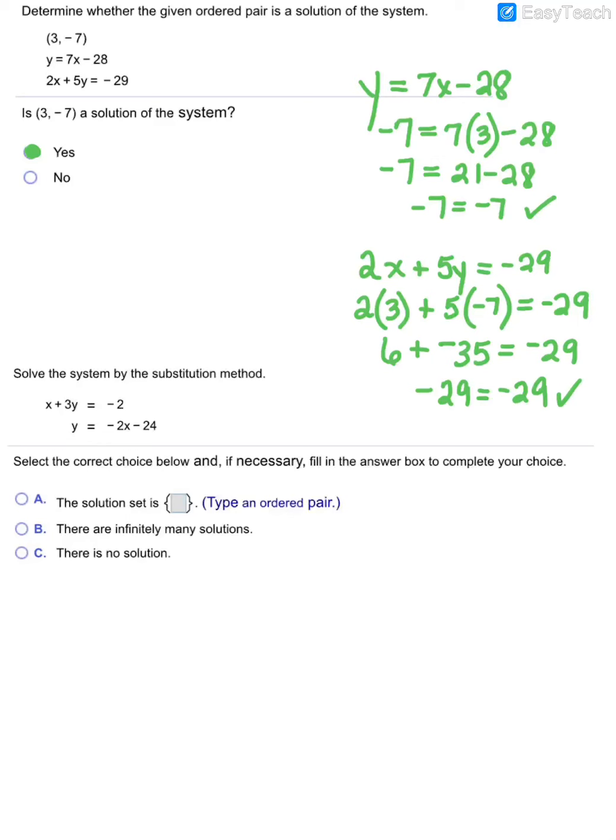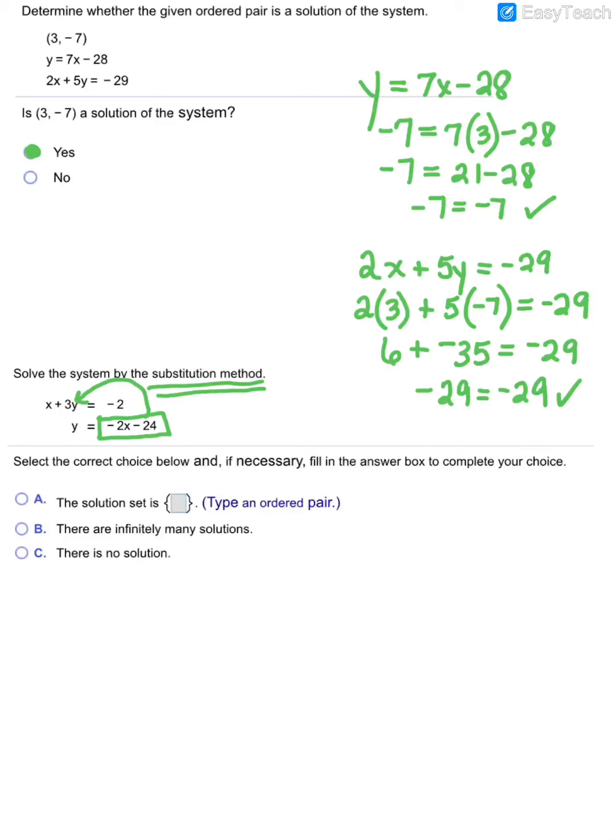Now, in the second problem, they're asking me to use the substitution method in order to solve it. Anytime you use the substitution method, you have to have one of the variables by itself, like they have on this second equation here, and then you take the value of that variable and you plug it into the other equation.